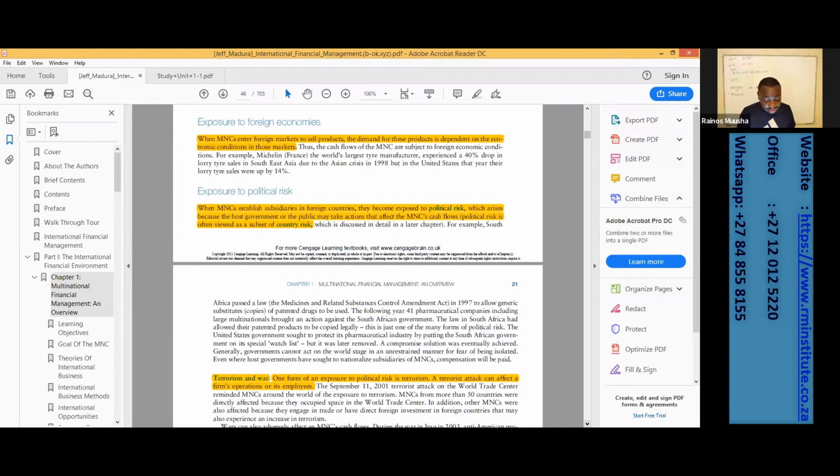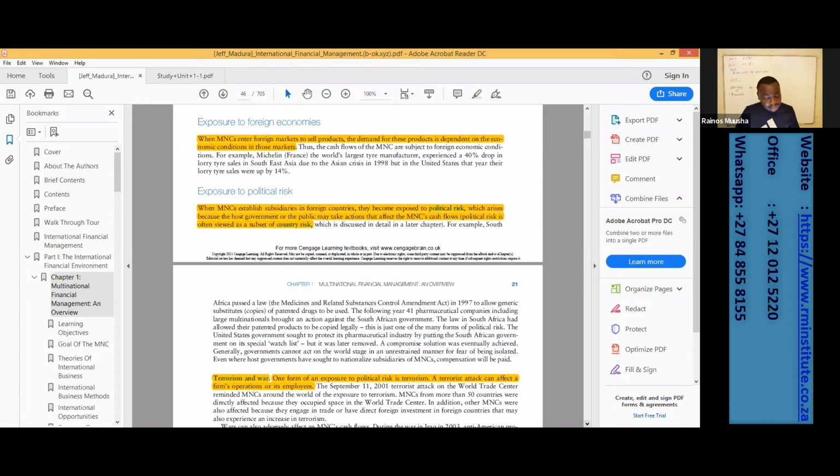So it would end up having a situation where the demand of their product there is going to be very low, which means that the parent company now has to decide to say, should we spend more money to resuscitate or to sustain the subsidiary, or should we consider withdrawing the operations from the foreign economy as well.